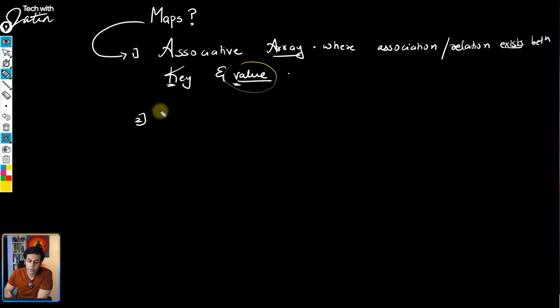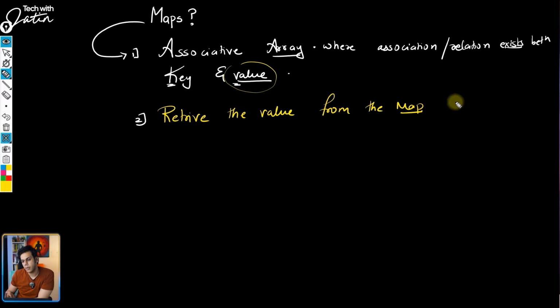Is this part clear? So, if I want to retrieve the value from the map, we need to use the key associated with it. Okay.